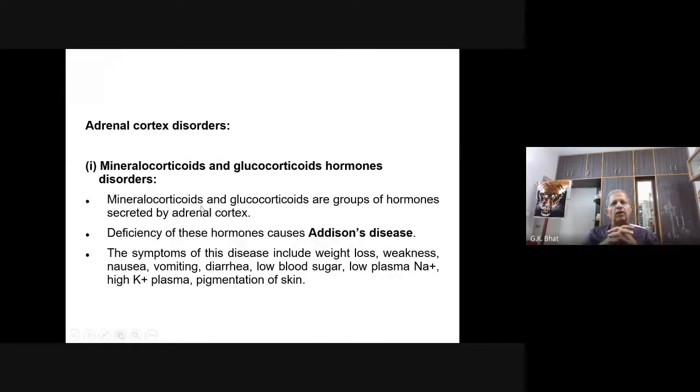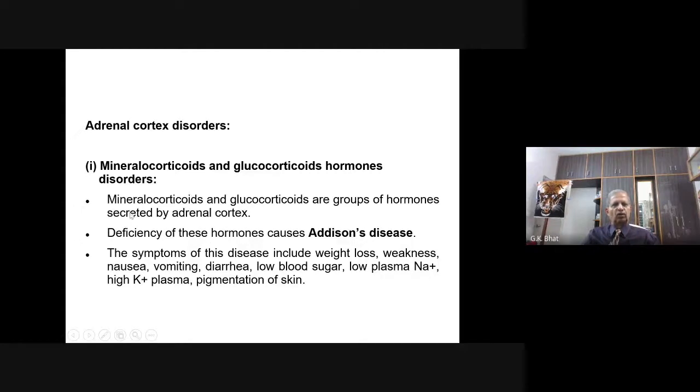Now, if you look into the disorders related to the adrenal cortex, it is not given in your NCERT book. You must know that the mineralocorticoid and glucocorticoid hormone disorders are as follows. Mineralocorticoids and glucocorticoids are groups of hormones secreted by the cortex.